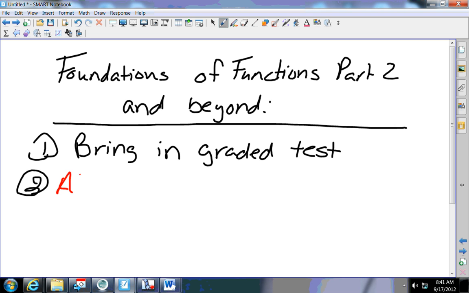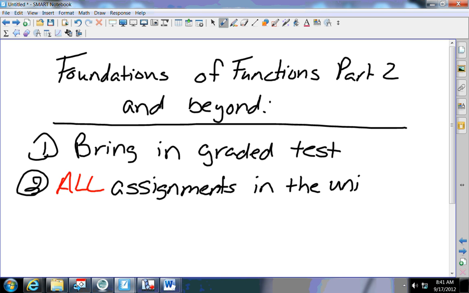All assignments in the unit must be completed and brought in.